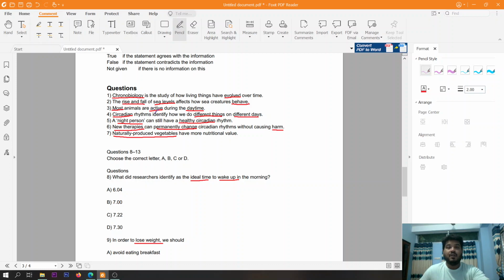True, false, not given, candidates often have trouble identifying the answers, and also for MCQ type of questions, multiple choice questions.